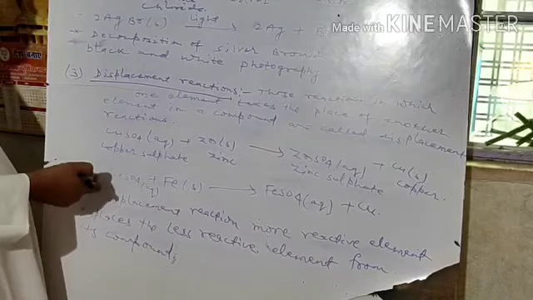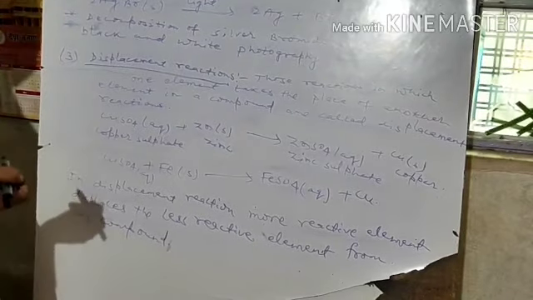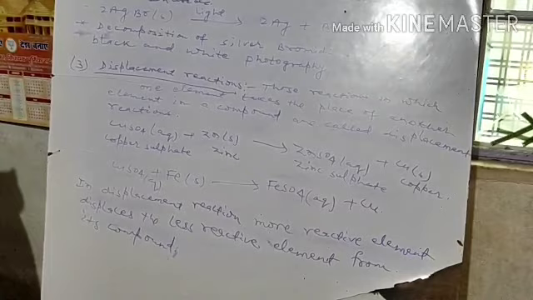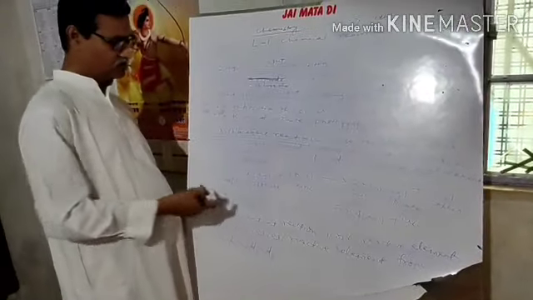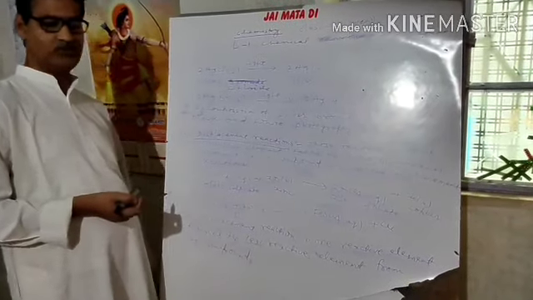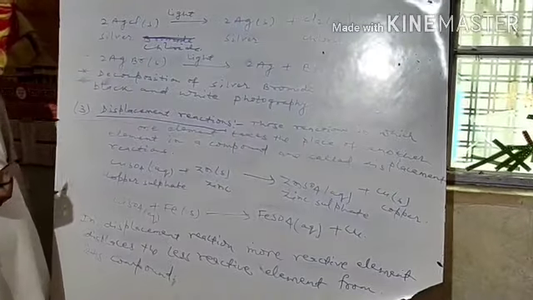And when copper sulfate reacts with iron, iron sulfate and copper are formed. Here zinc and iron are more reactive than copper, so zinc and iron displace Cu from CuSO4. So these are examples of displacement reactions.